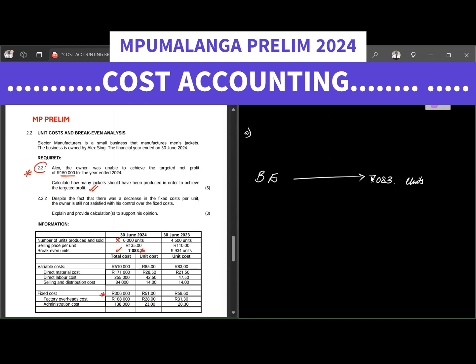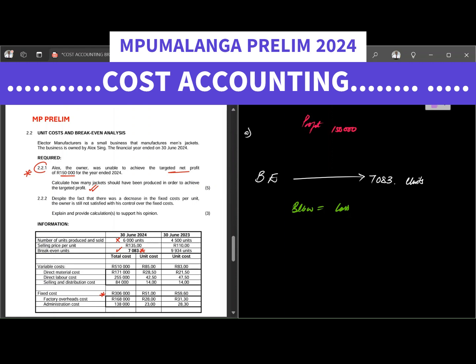Now, we know that the number of units produced and sold is 6,000. Below the break-even point we are making a loss, and above it we are making a profit, and we intend to make a net profit of 150,000.